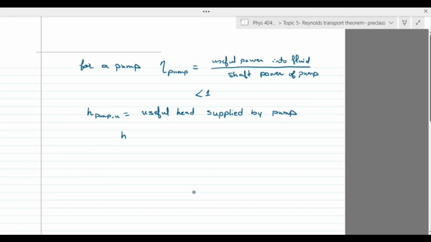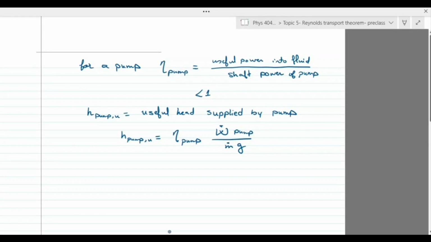And this head is going to be equal to the efficiency of the pump times W dot of the pump over M dot g. So that was first my shaft term for an ideal pump. Now I have this non-ideal pump with a certain efficiency. So all I have to do is multiply by the efficiency of the pump in order to obtain the actual useful head that is supplied by this pump.